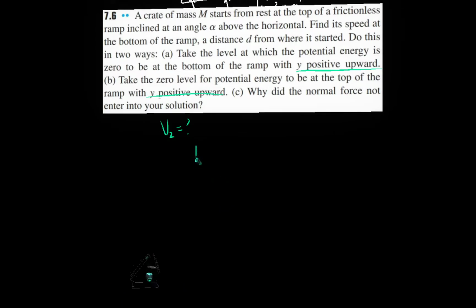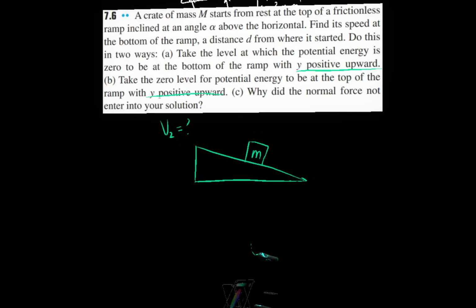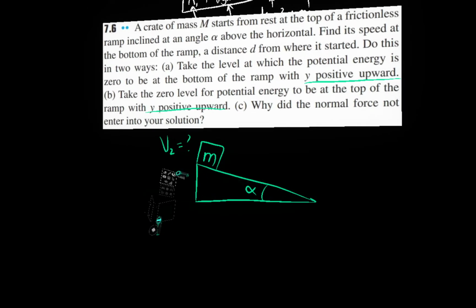So we have a ramp. We have some crate of mass m. It starts from rest at the top of a frictionless ramp, at an angle alpha, right? We have y being defined as positive in the upwards direction.